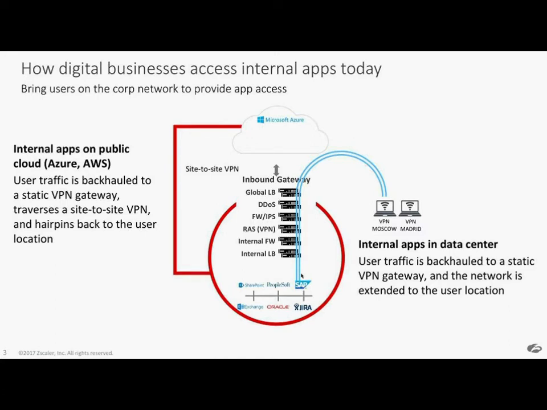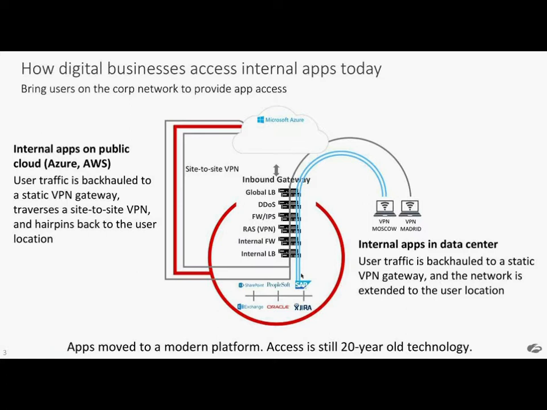And therefore, for a user to access a resource that's in Azure, we'd still VPN them into our network, connect across that peered link to access the resource, in this case SAP, and then come back across that link and through that VPN connection to allow the user to access that resource. So still using that 20-year-old technology to access cloud-enabled applications.